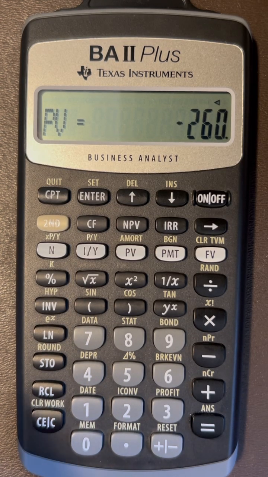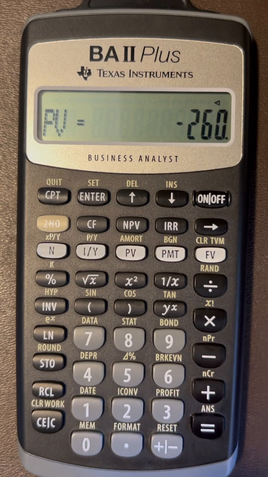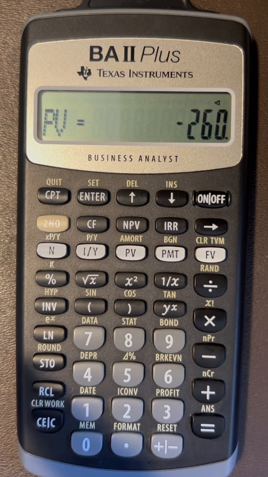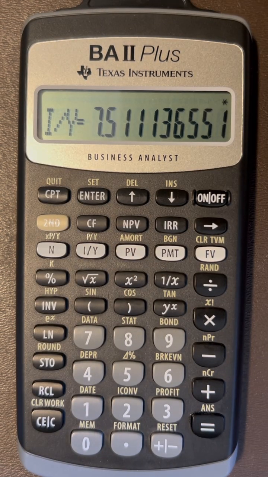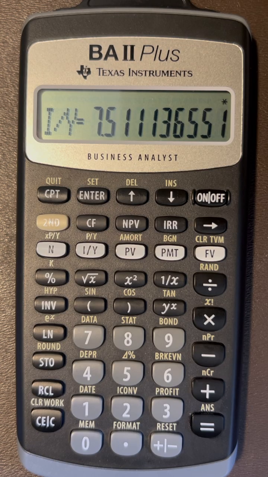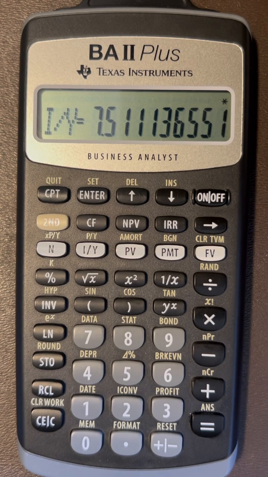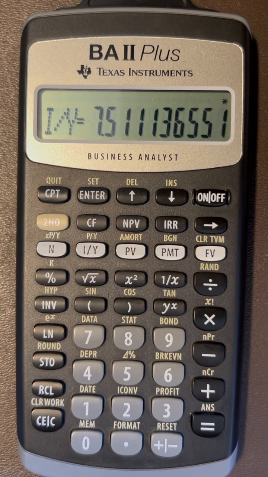So now I've entered N, 3, present value, negative 260, payments are positive 100. So now I'm going to compute the interest rate. You can see the interest rate that would make me indifferent between those two payment options is 7.51%. So at 7.51% interest, the present value of those 3 annual payments is exactly equal to $260.